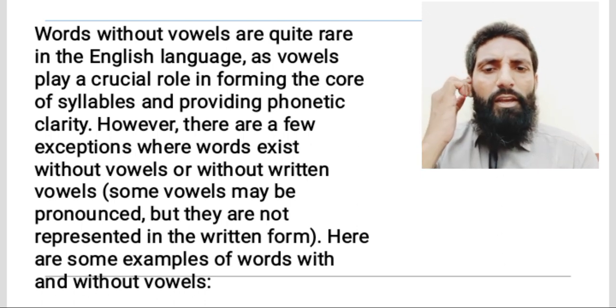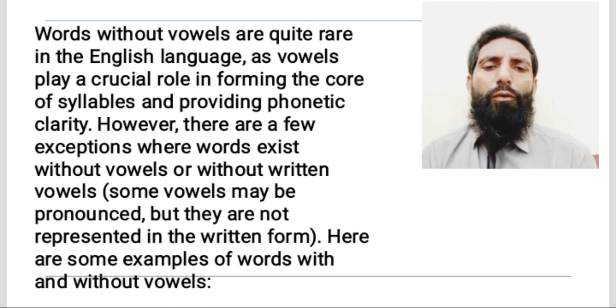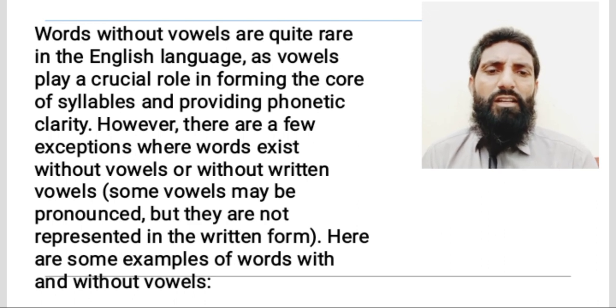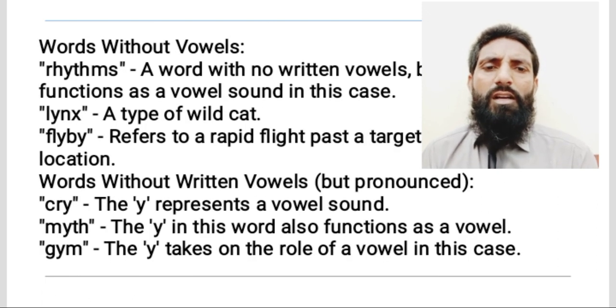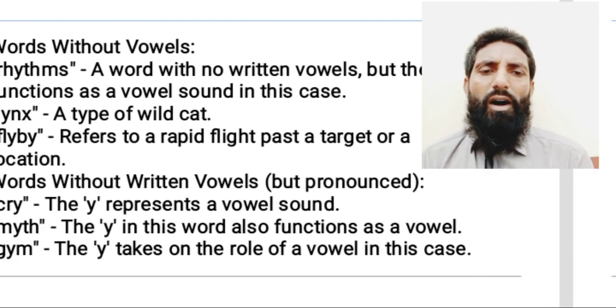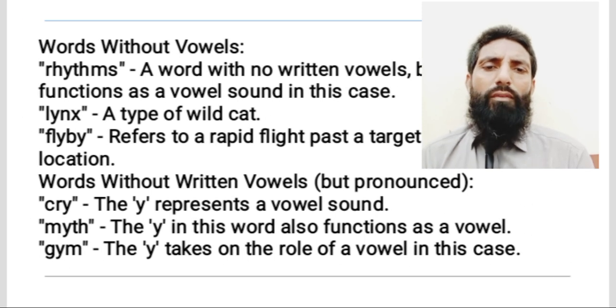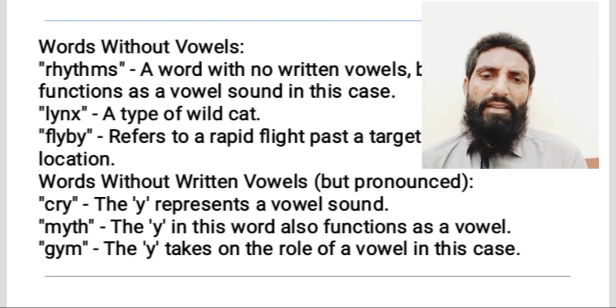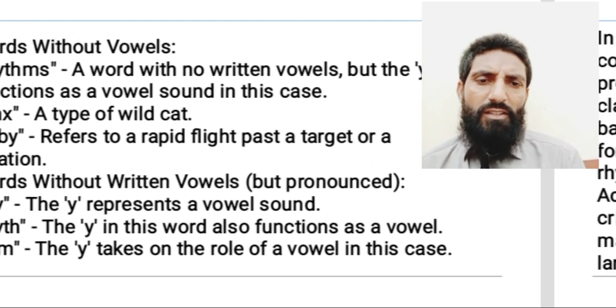Here are some examples of words without vowels. So let's discuss these examples. Okay, words without vowels. Rhythm, a word with no written vowels, but the y functions as a vowel sound in this case. Lynx, a type of wildcat. This is basically a type of wildcat, and flyby refers to a rapid flight past a target or a location.